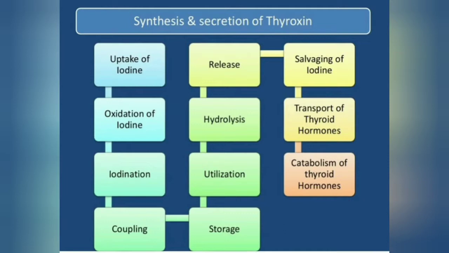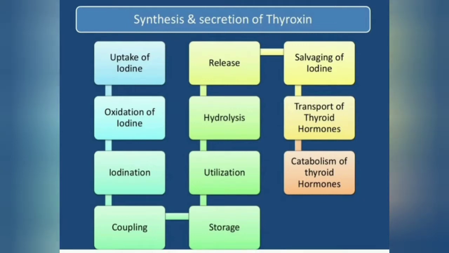First of all, uptake of iodine, then oxidation of iodine, then iodination, then coupling, then storage, utilization, hydrolysis, release, scavenging of iodine, transport of thyroid hormones, and catabolism of thyroid hormones. You have to carefully see these slides step by step and memorize them in the correct order.